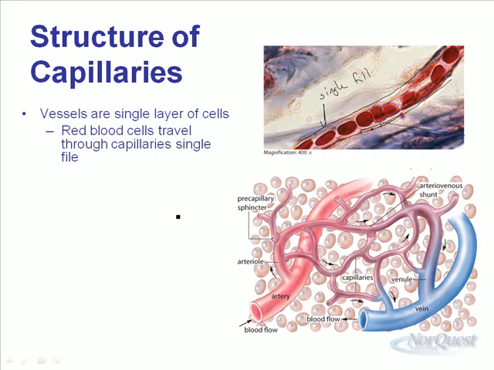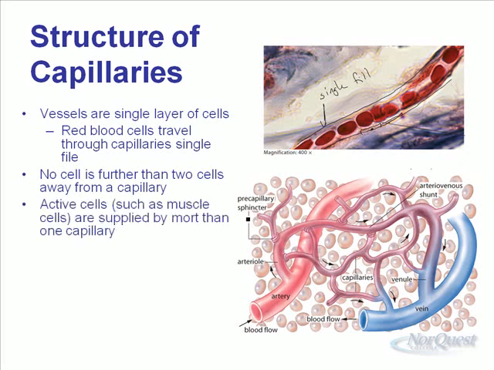What this means is that substances can diffuse into and out of a capillary relatively easily because there's not much space to travel through. No cell is further than 2 cells away from a capillary, and what this allows for is the exchange of nutrients and waste and oxygen and carbon dioxide.